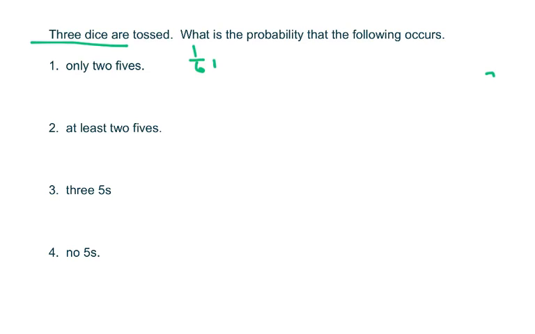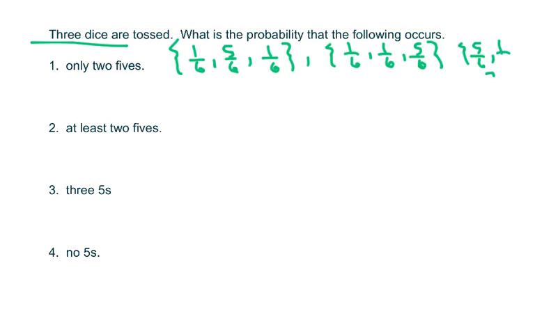1/6, 5/6, 1/6. Those are my 3 dice. Or I could have 1/6, 1/6, and 5/6. Or I could have 5/6, 1/6, 1/6. Because the 1/6 are the 5s.